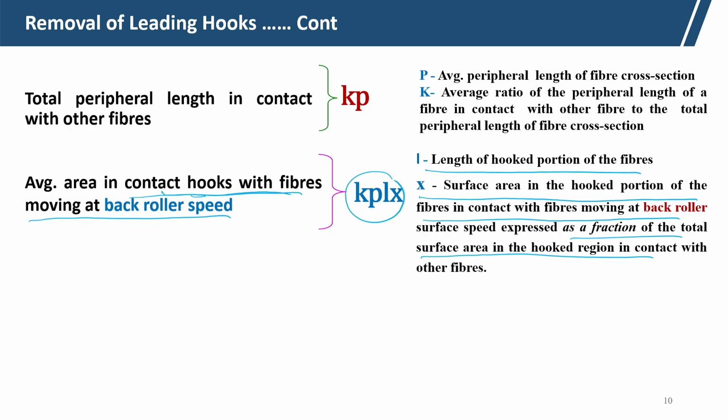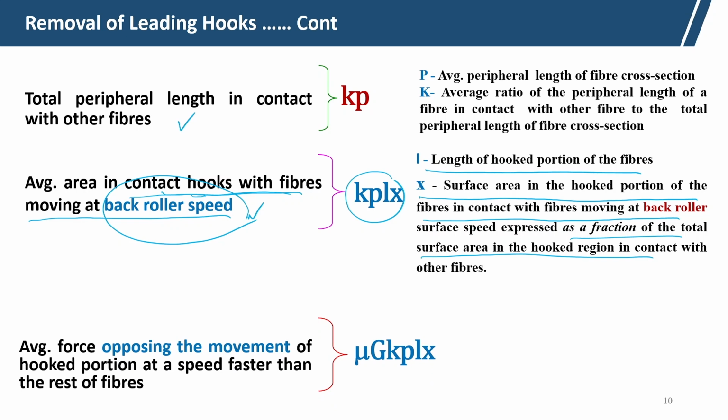So, this is the total peripheral length average contact. That means this will actually resist the removal of the hook or leading hook.